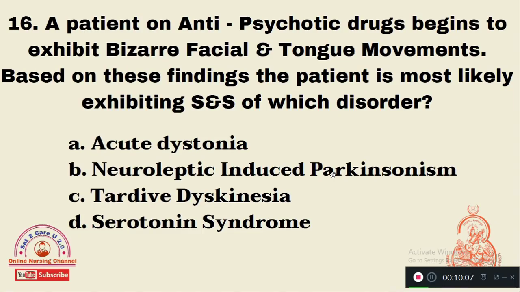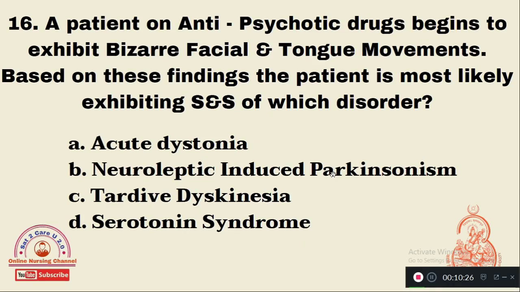Tardive dyskinesia. Option D, serotonin syndrome. So, abnormal facial and tongue movements. In neuroleptic induced Parkinsonism, there will be hyperthermia, and in acute dystonia, there will be muscle stiffness.